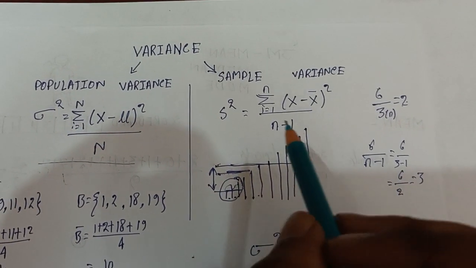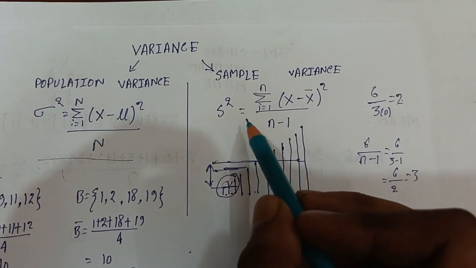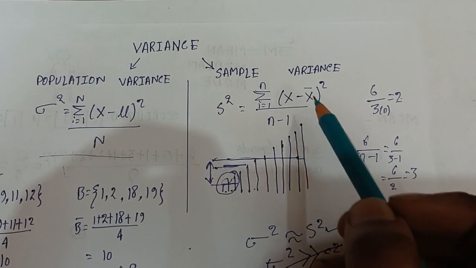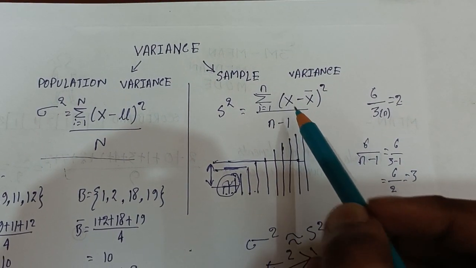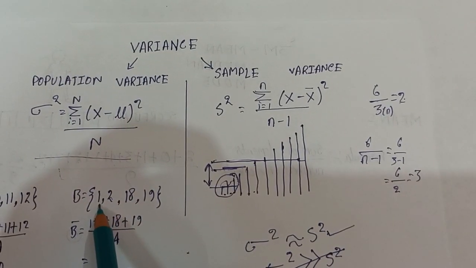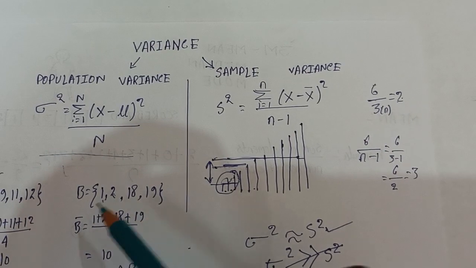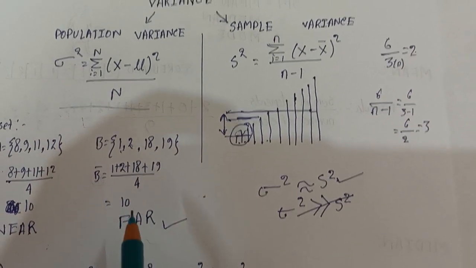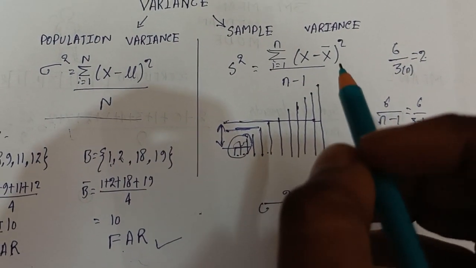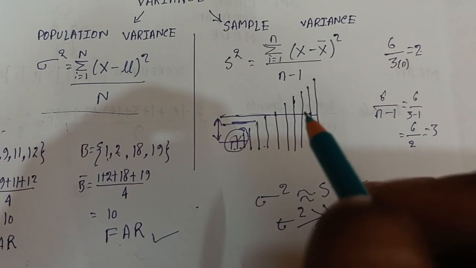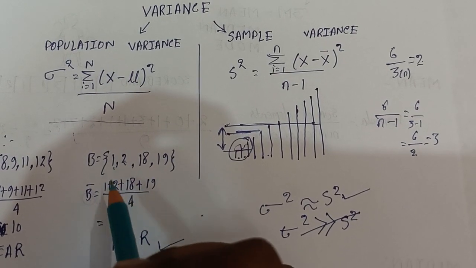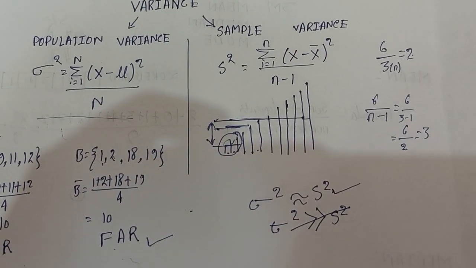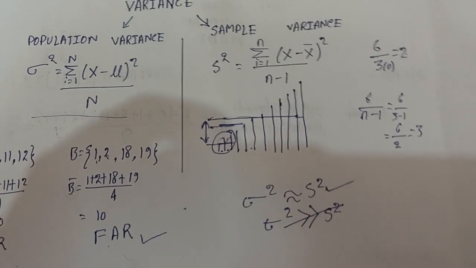We will continue with this formula: a square is equal to the sum from i equals 1 to n of x minus x bar whole square, divided by n minus 1, where x is each value of the sample and x bar is the mean of the sample you have taken. So here the total instance is 4, there will be 3, because I am not taking the whole data, I am taking just a sample from that.